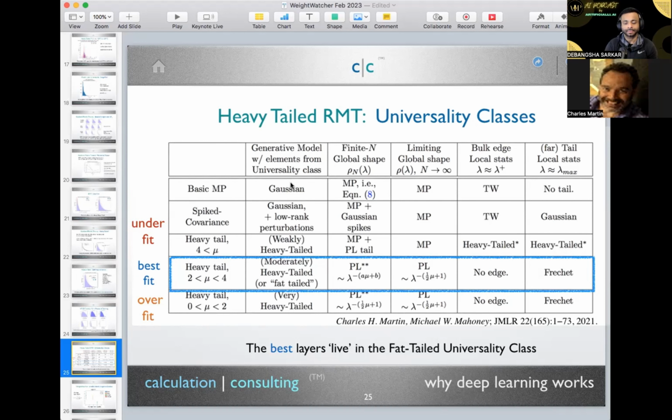If mu is between 2 and 4, you have this fat-tailed or moderately heavy-tailed universality class. And if mu is less than 2, you have this very heavy-tailed universality class. So depending on the structure of the heavy-tailedness of W, you see different types of power law distributions.